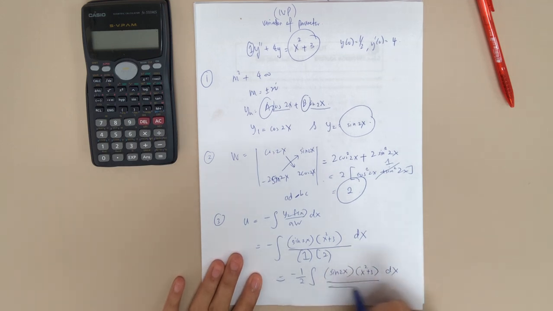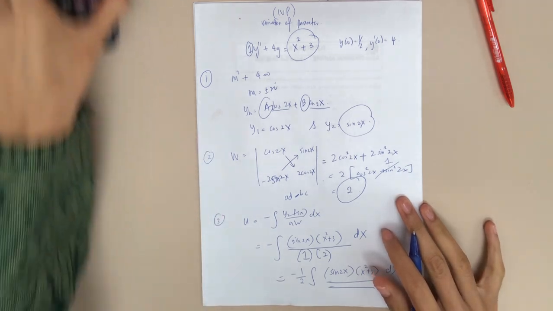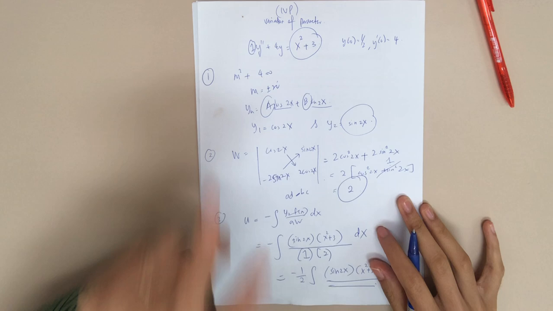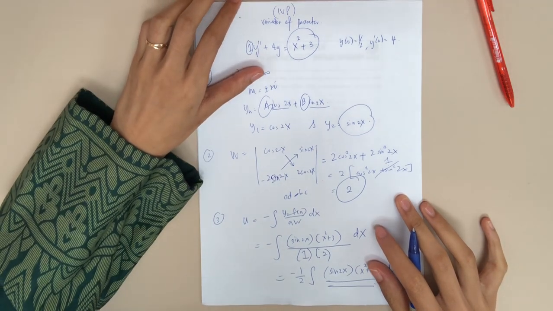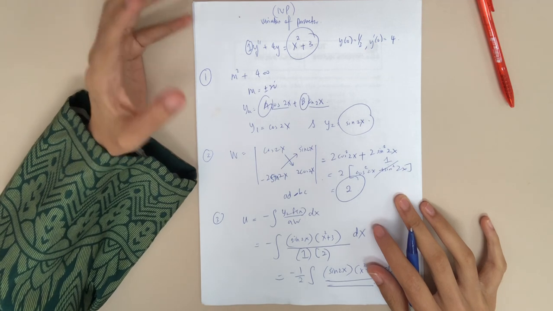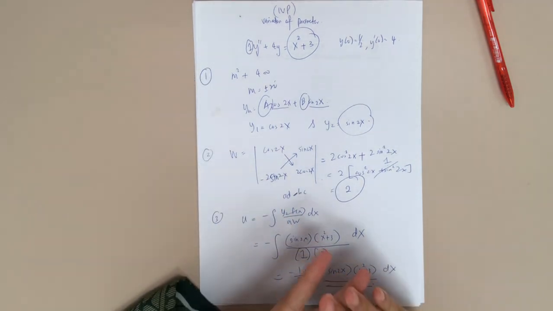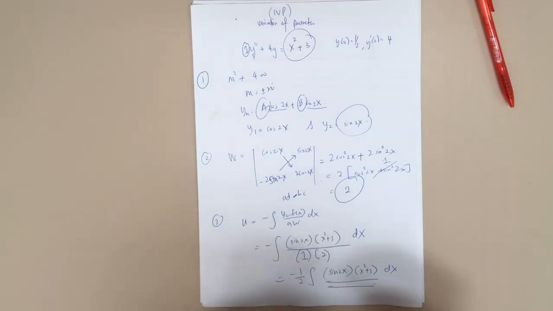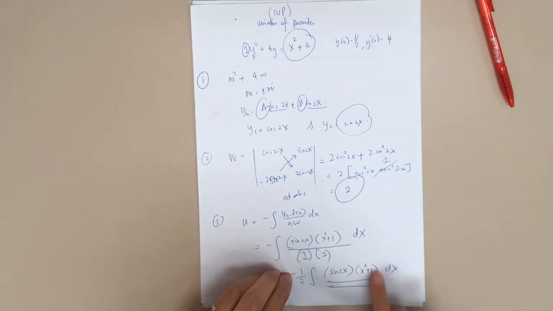Now we want to integrate this. How to integrate this? For differentiation, we call it the product rule when two variables multiply each other like this. Here this is sine 2x and this is x squared plus 3, which means there are two x functions in the whole function.